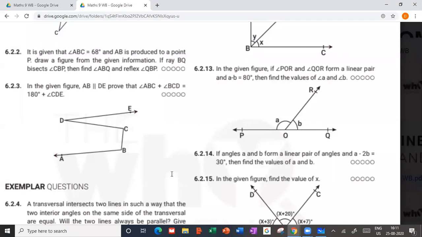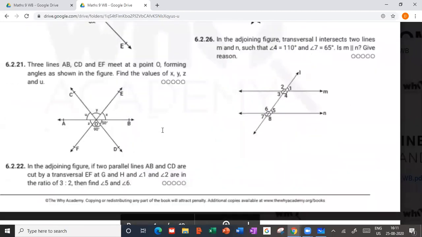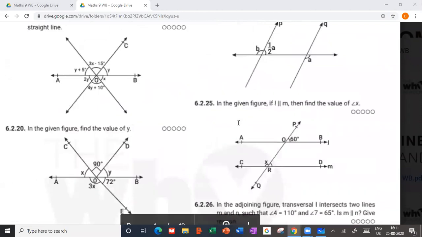While I'm here, why don't you try doing the 22nd question? I think you'll be able to solve it. Yes, it's simultaneous equations only. In the adjoining figure, if two parallel lines AB and CD are cut by a transversal EF at G and H, and angle 1 and 2 are in the ratio, they have given you two angles in a ratio.